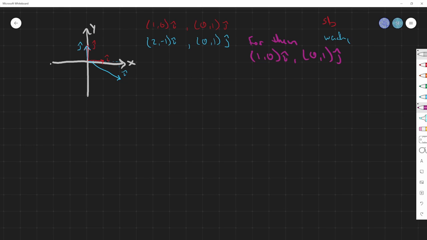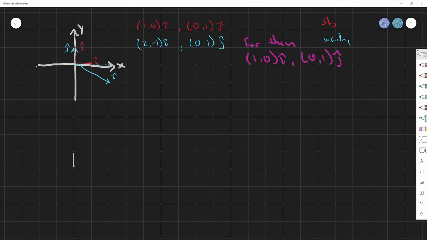And so if we redrew the coordinate system in their perspective, it will be something like this. That's not a straight line. Oof.